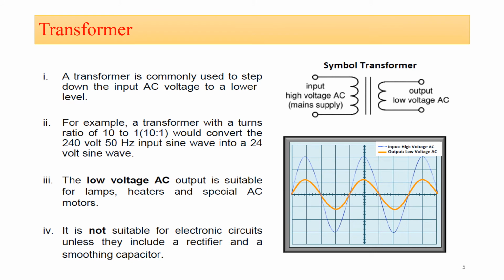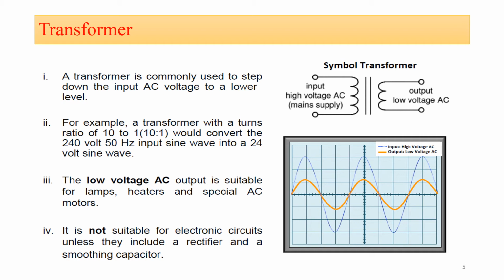Now let's take an overview of the transformer. First of all, a transformer is commonly used to step down the AC voltage to a lower level. If you observe the first picture, that indicates the symbolic representation of the step down transformer. Here the total number of secondary windings is less than that of the primary winding, that's why this is a step down type of transformer.